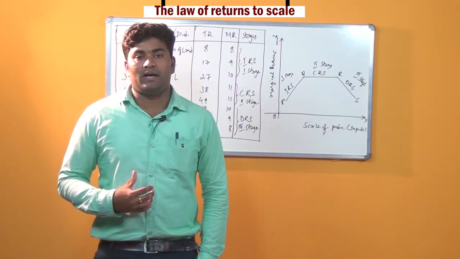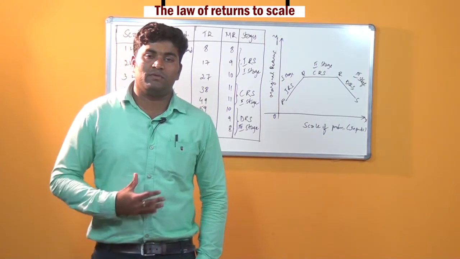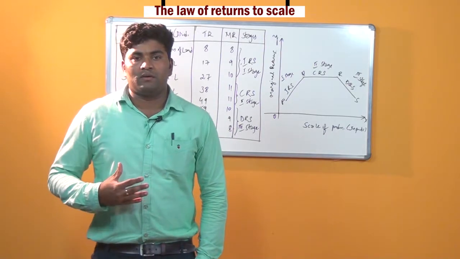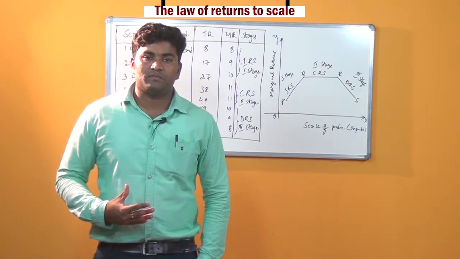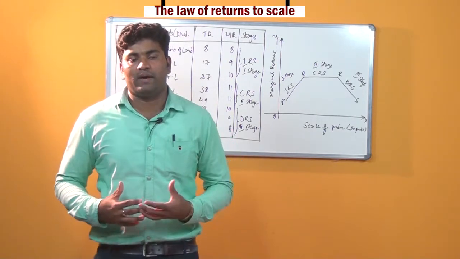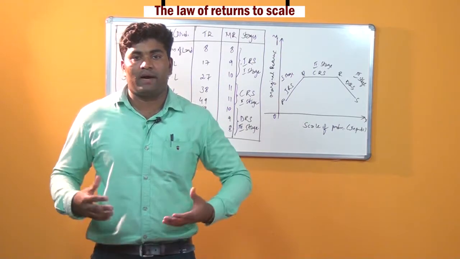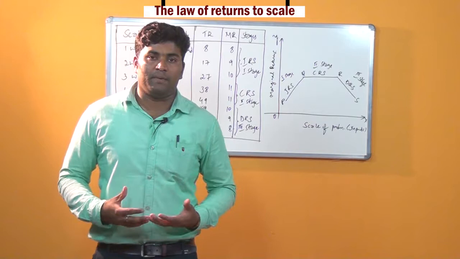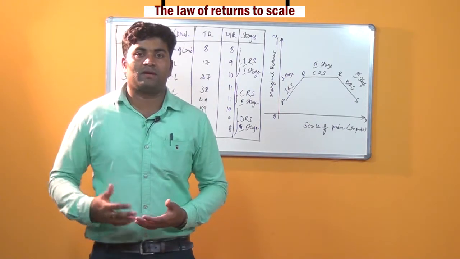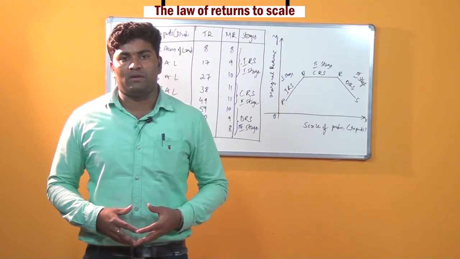Here, the condition is that in the short run, the firm has no privilege to vary all of the factor inputs, and has to restrict its variation to only 1 or 2 factor inputs. For example, there are 2 factor inputs like labor and capital. In the short run, we need to keep one factor input constant, and we have to vary only 1 factor input.